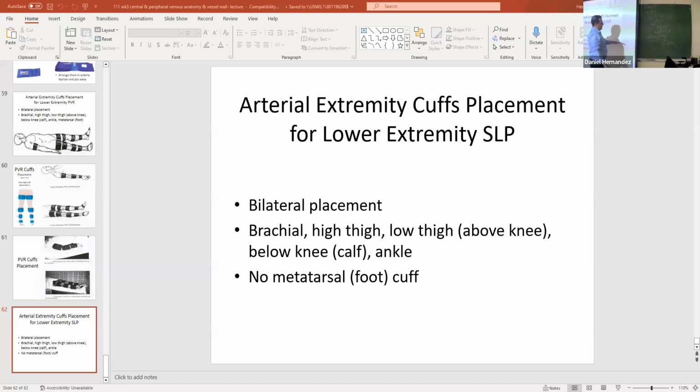Then just be comfortable saying, for example, proximal CCA is proximal to mid ICA. If I give you a segment of these vessels, be able to say which one's proximal and which one's distal to each other.